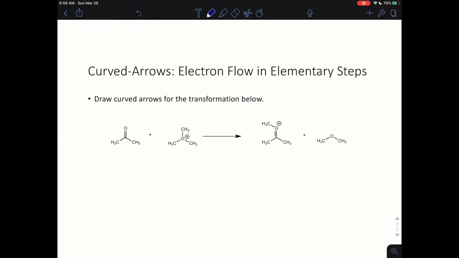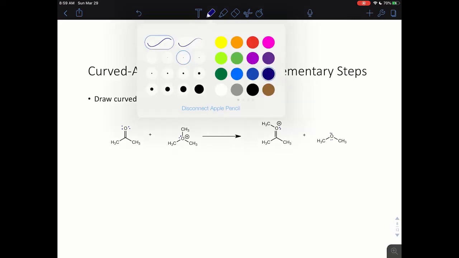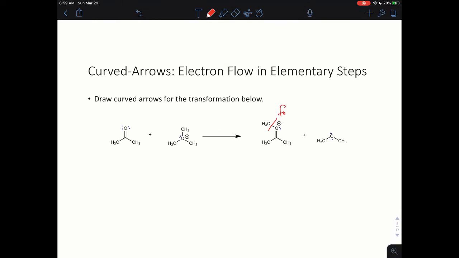All right, this is going to be our last example, so really, please, please, please pause and try yourself. I'm going to draw in now the electrons, the lone pairs, so I can figure out which electrons are doing the movement. I can see that this bond here is formed. I'm guessing that this methyl is, say, let's use this methyl.